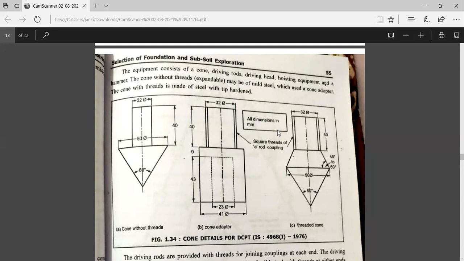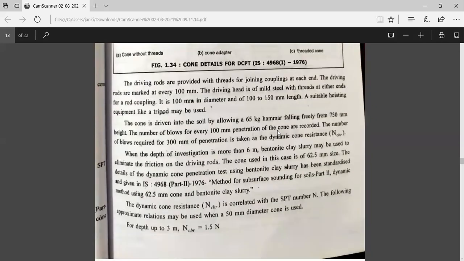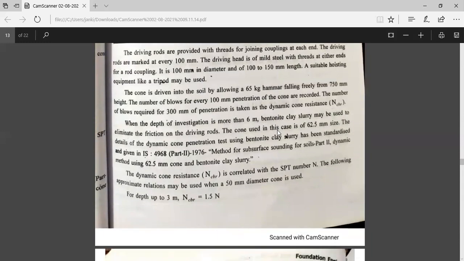The dynamic cone resistance is correlated with the SPT number N, and there are some approximate relations used when the 50 mm diameter cone is used. If the depth is up to 3 meter, the NCBR value is 1.5.